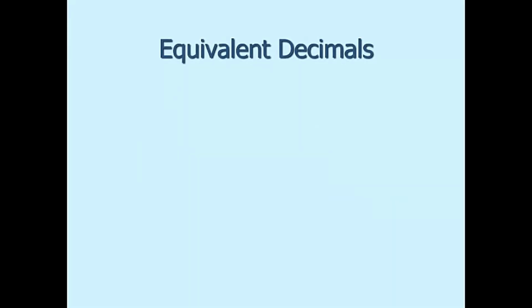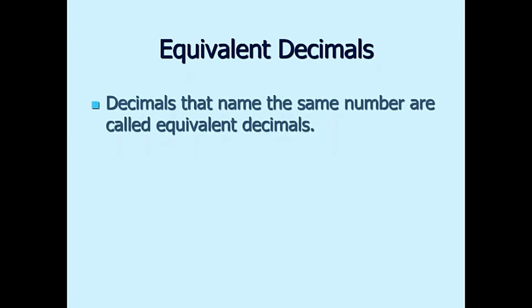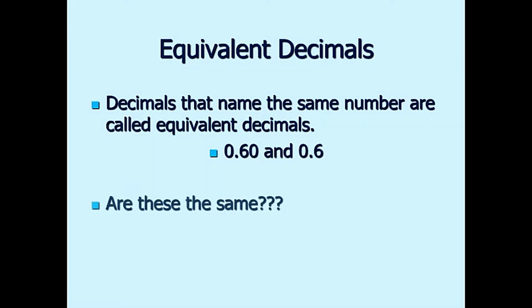Next, equivalent decimals. Decimals that are the same number are called equivalent decimals. 0.60 and 0.6. Are these the same?